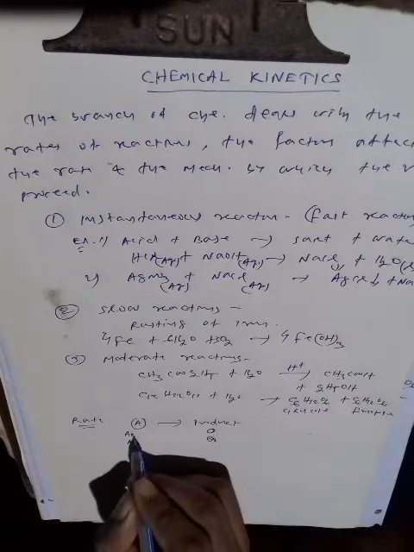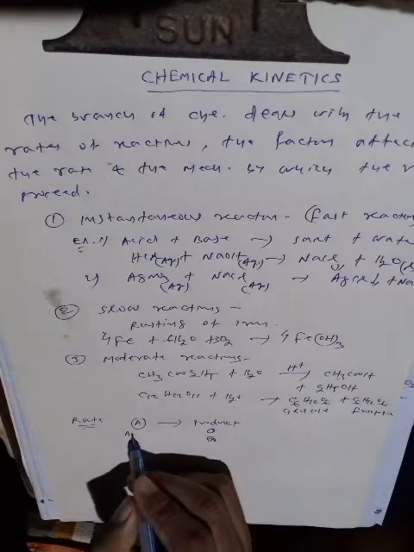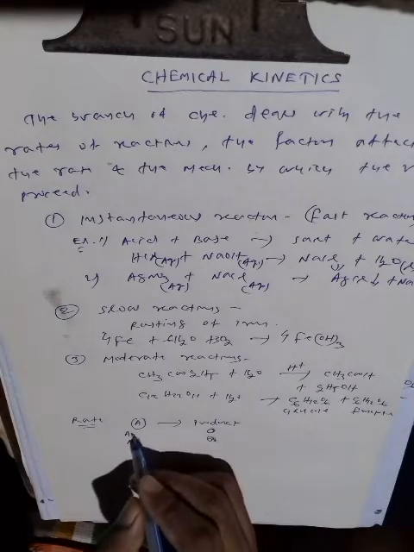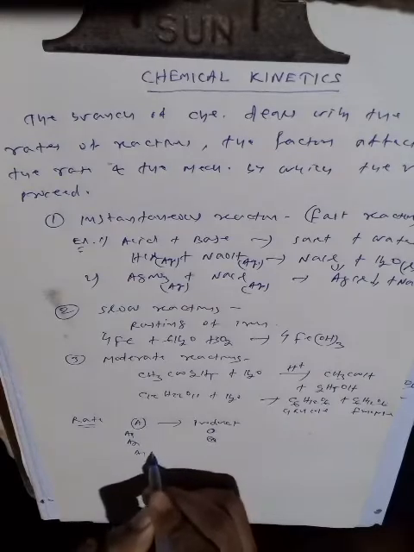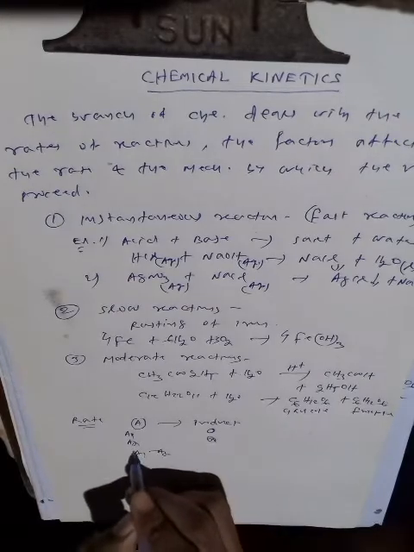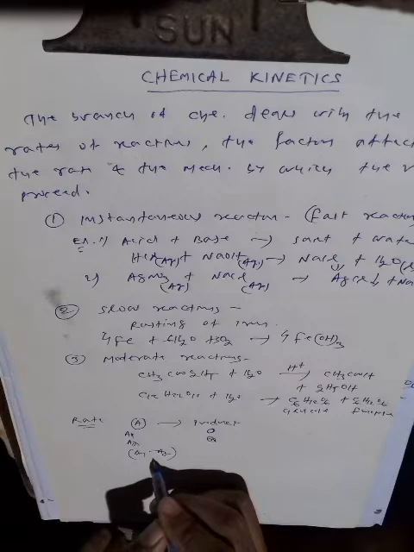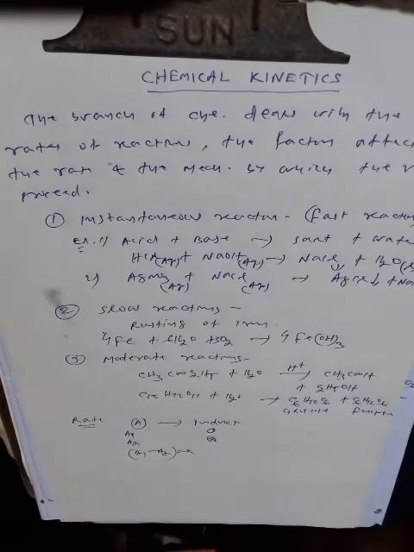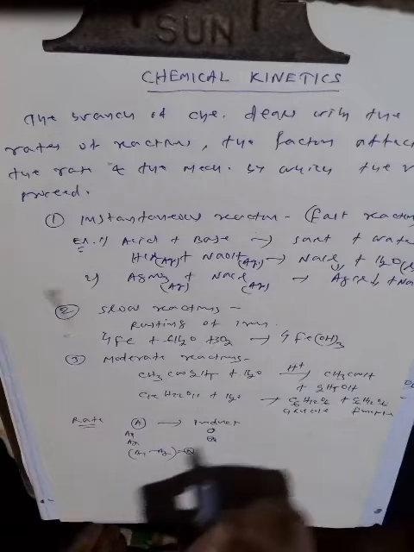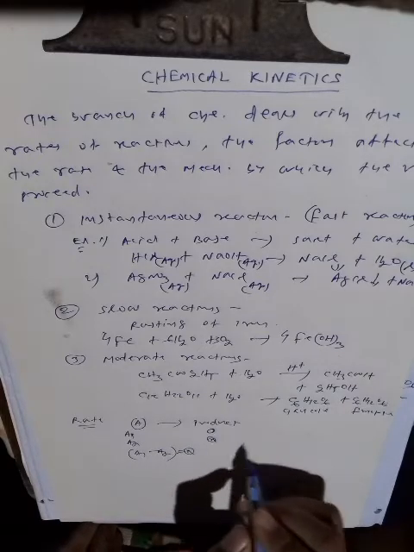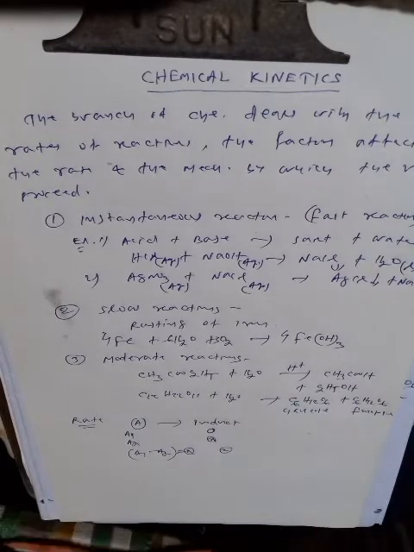So here the quantity change, initial concentration of A was A1 and the final was A2. So the quantity change is A1 minus A2. Suppose this is X, then X is the quantity of the product formed.